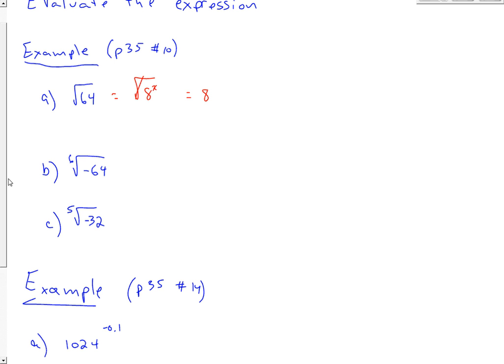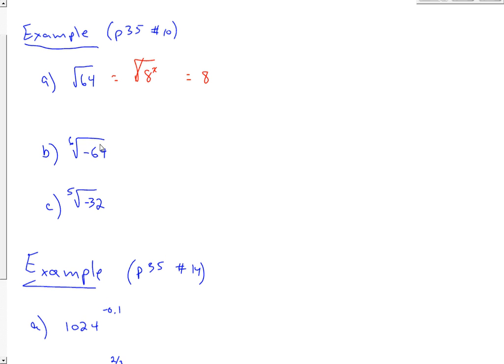When we have the sixth root of negative 64, if we look at the value of negative 64, we can think about the breakdown of that.